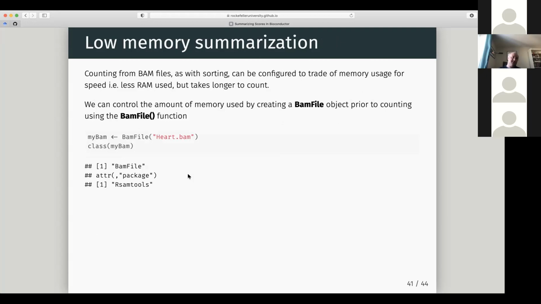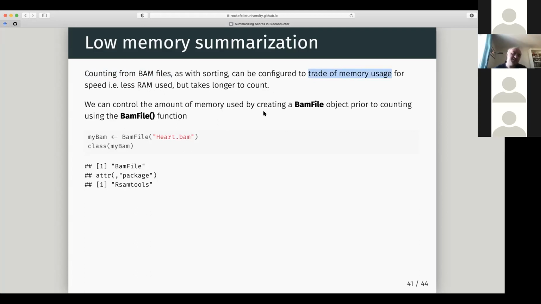But we need to make some sacrifices of speed versus memory. And especially if we're counting from many BAM files, we can actually configure this so that we can trade off our memory usage versus how quick it's going to run. Okay, so less RAM used, it's going to take longer, but maybe I can do some other things on my computer.